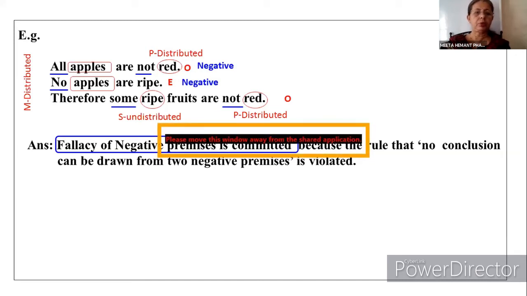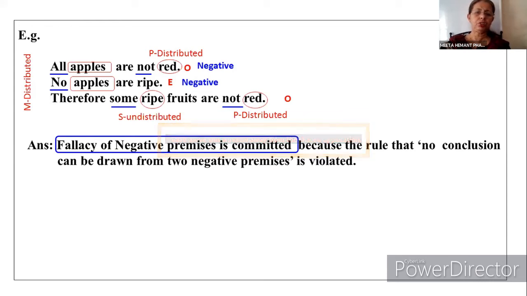The subject is ripe, it is undistributed, so the question of checking it in the premise does not arise. Next you will have to check the predicate term red of the conclusion. It is distributed in the conclusion, so it has to be distributed in the premise. Let us check where it lies.